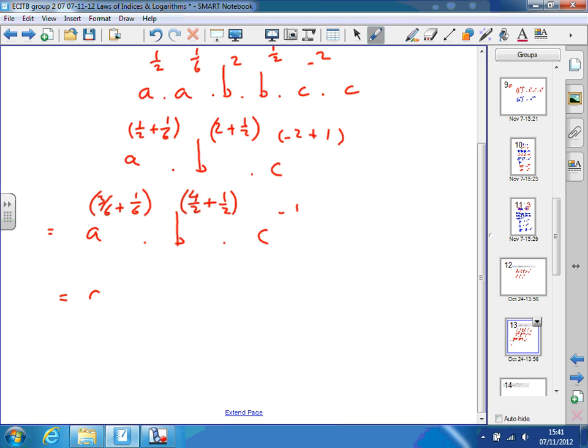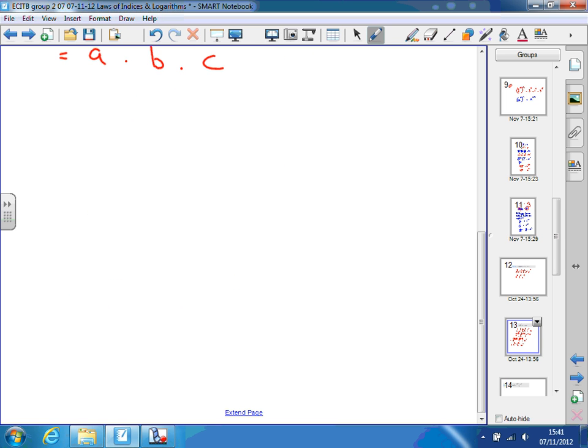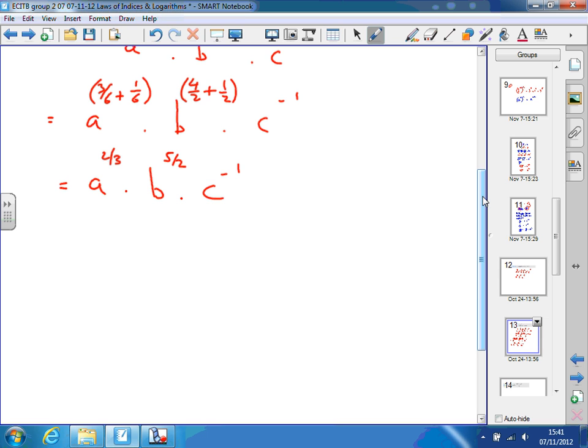So this becomes a to the 2/3, b to the 5/2, and c to the minus 1. I leave it as an improper fraction like this, 5/2, rather than 2 and a half, because I might want to write this in root form. I wouldn't necessarily always need to.